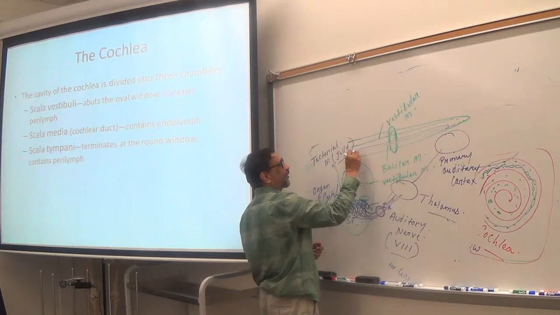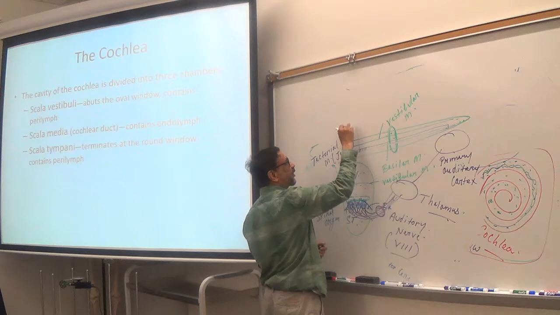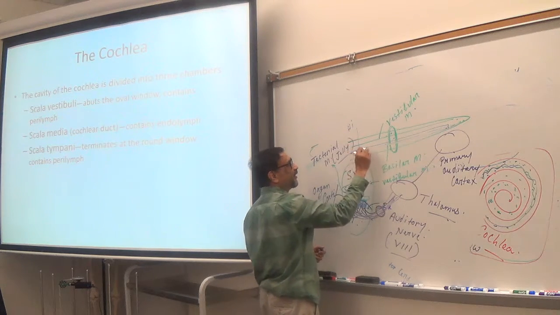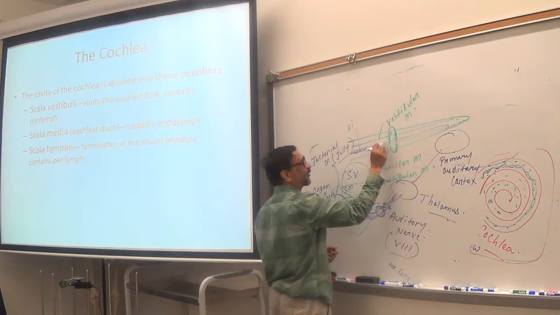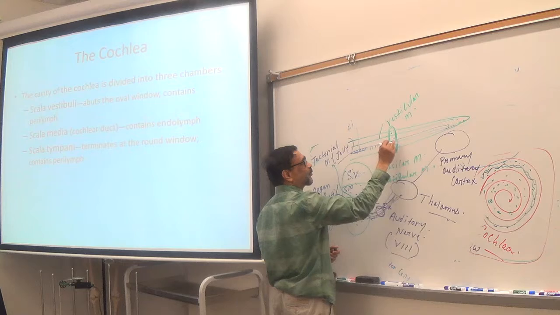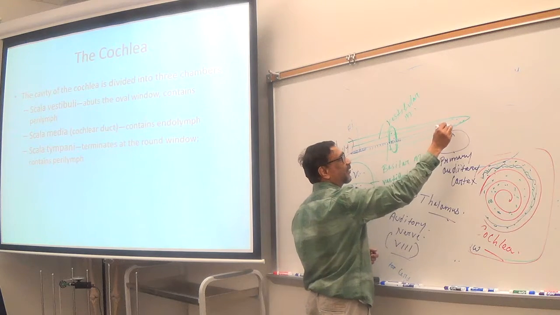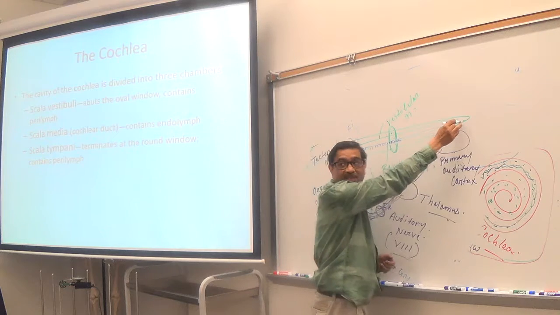On this side, if you see, you have high frequency hair cells. Then gradually the frequency of the hair cells decreases. In this part you have medium frequency hair cells, and on this side you have low frequency hair cells, okay?